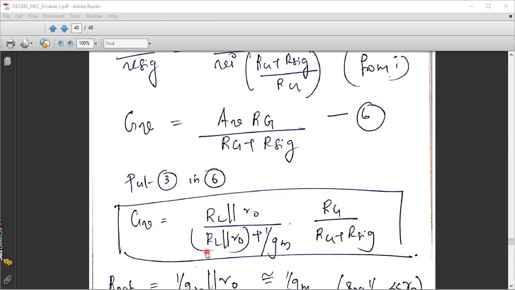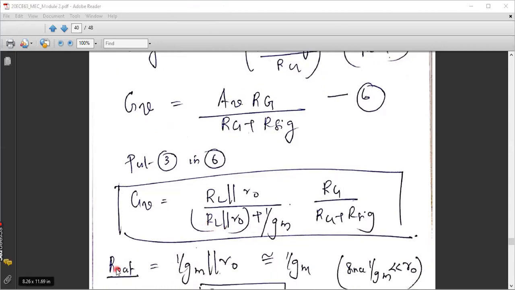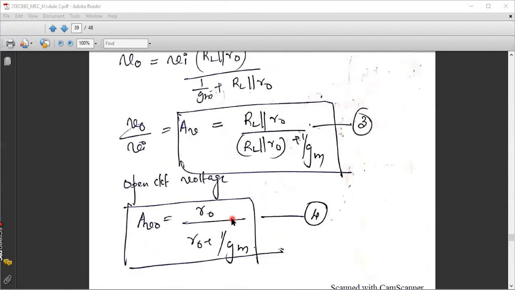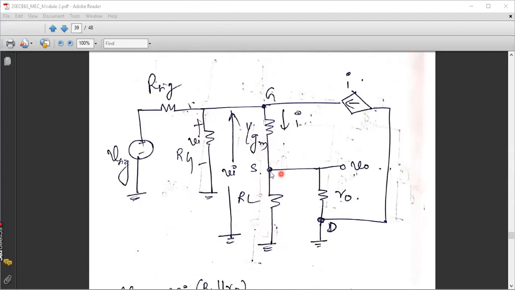Now coming to the last parameter, that is the output resistance. Output resistance means here output is taken across the source. So tell me what will be the output resistance.